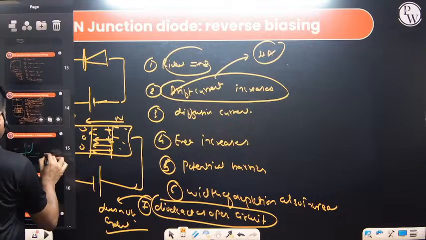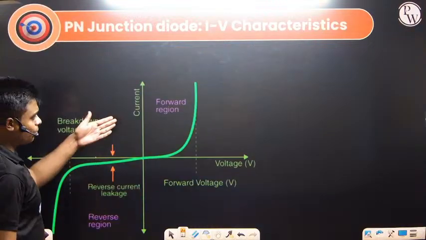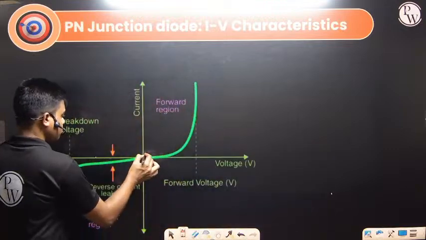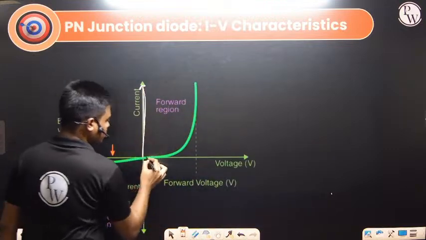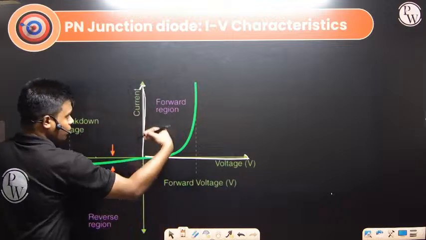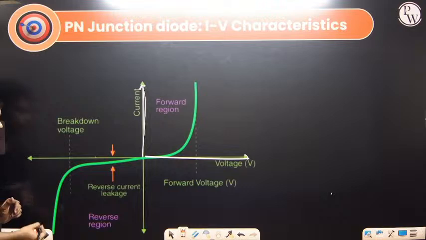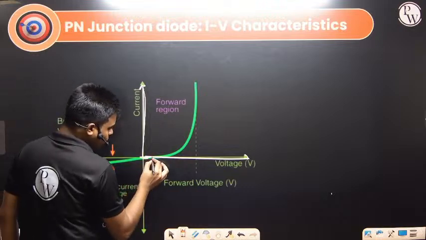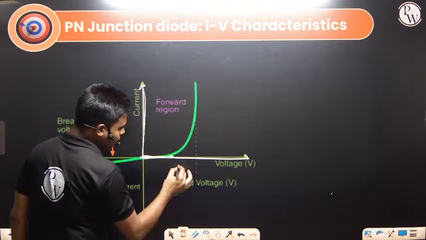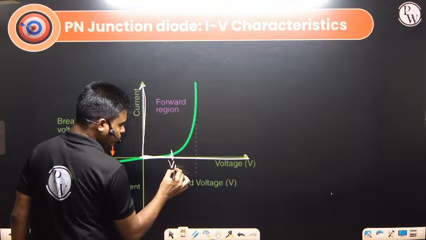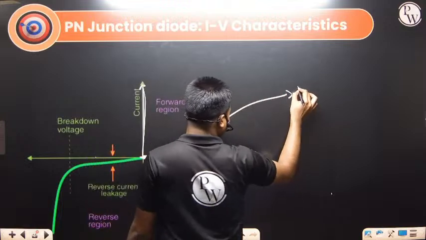Next we have the IV characteristics, and if we plot the graph of I versus V, that is the current versus voltage graph, this region is the forward bias region and this region is the reverse bias region. Initially, when the voltage increases, the current value is 0 up to a certain value. This particular value is what we define as the potential barrier.